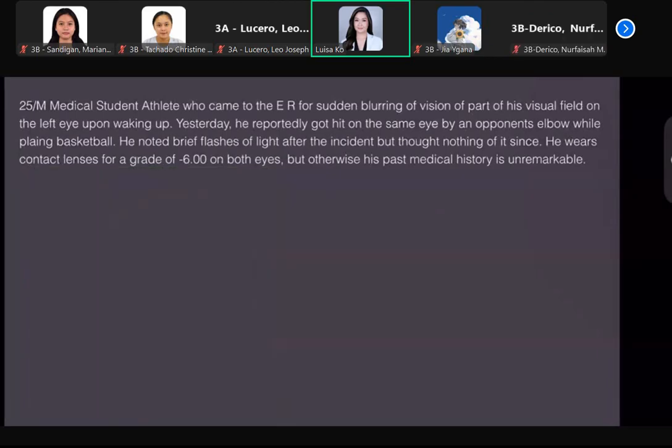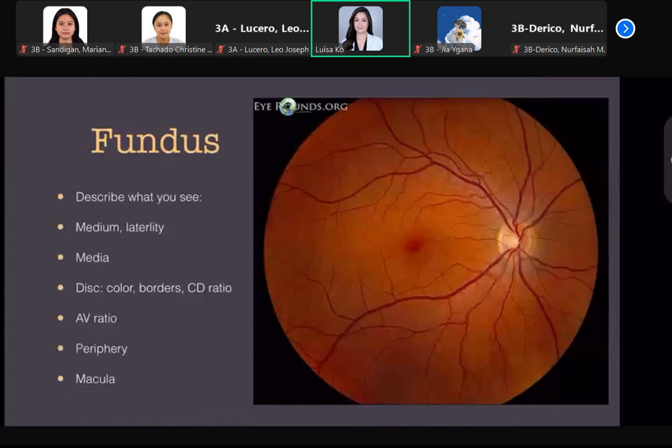Let's go back, and if you can, take a screenshot of how we read. Did you write that down or take a screenshot of this? Again, this is the flow of how we normally read a fundus.